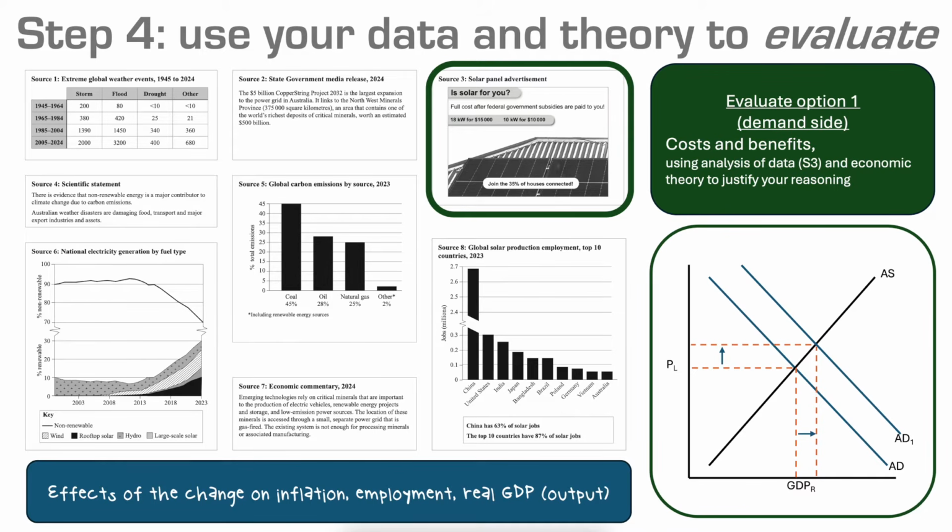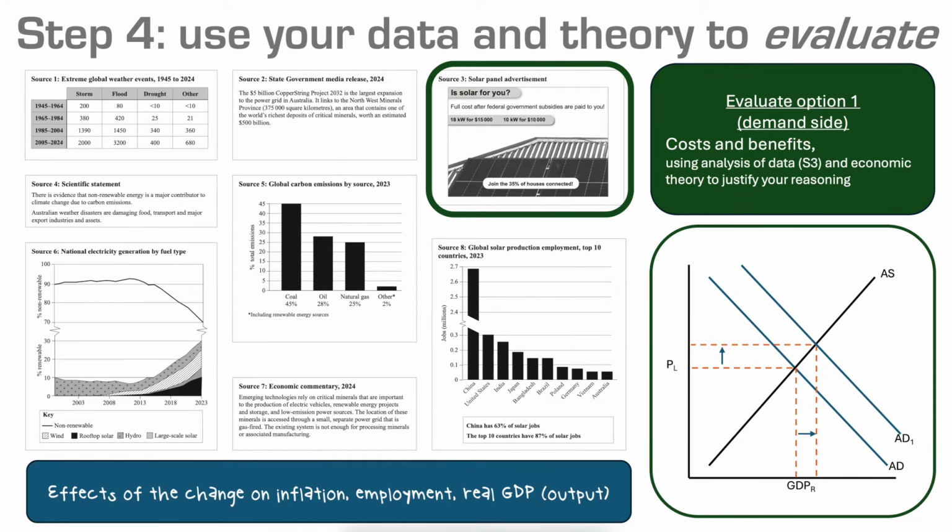But also consider at this point, go deep into your theory here. Changes in aggregate demand are generally cyclical in nature. They're generally short run. So we'll see a change in economic activity for a period of time. But if the subsidies were to be removed, for example, we'd see that aggregate demand would probably shift back to its original curve position.